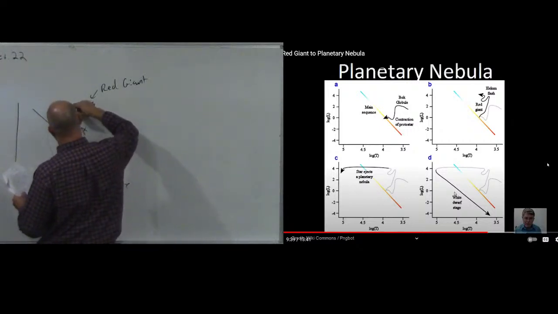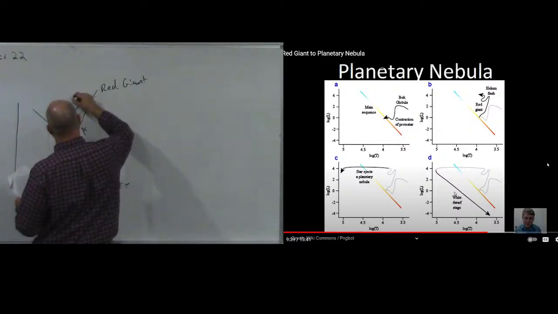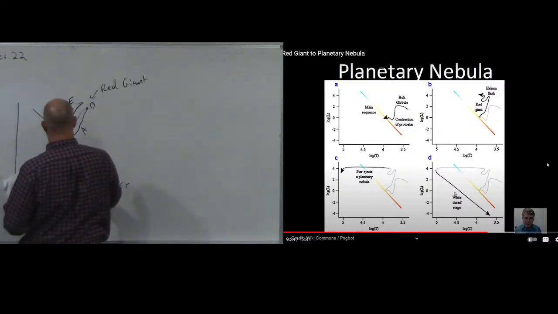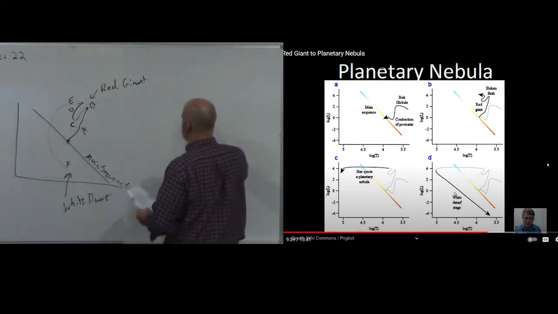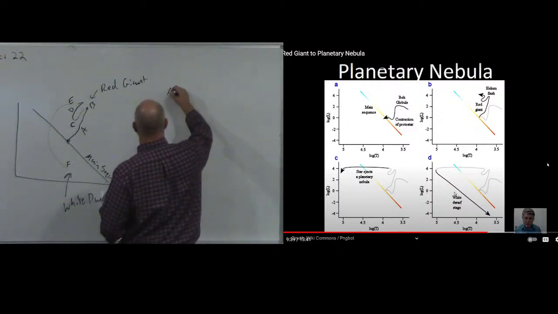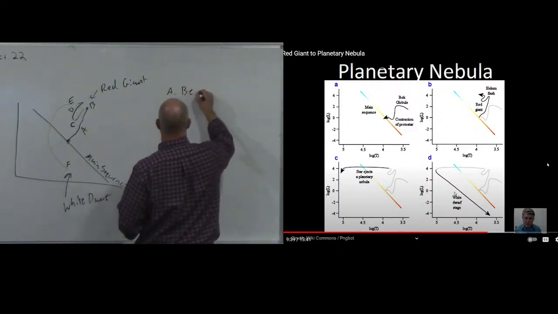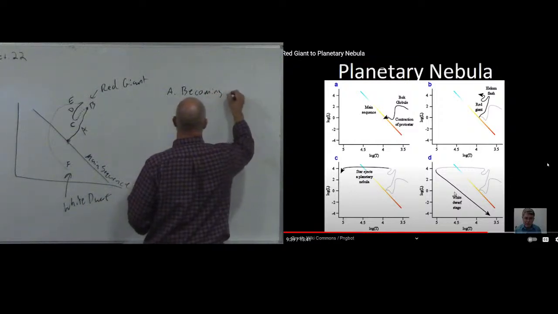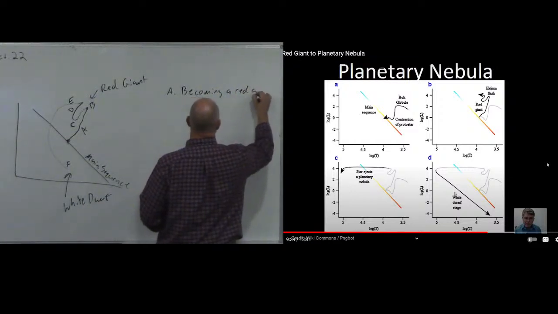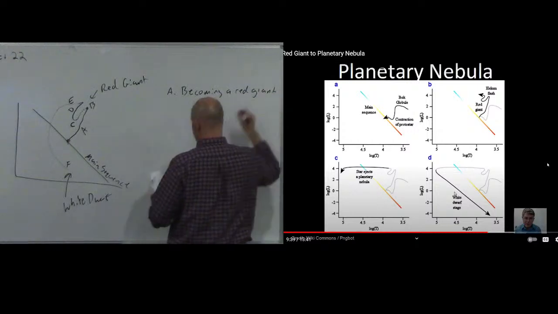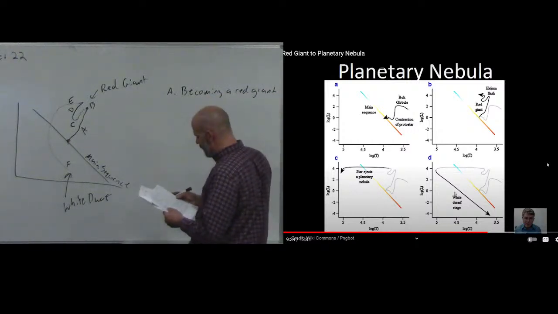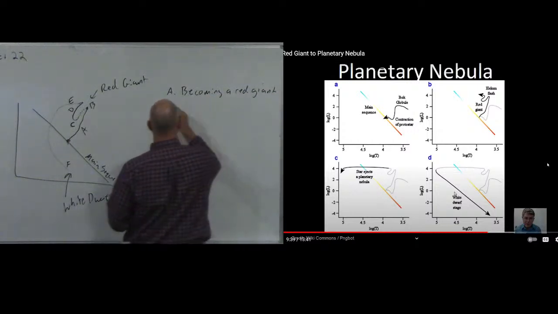This will be D. This will be our E. This will be our F. Okay, I'm going to label these. So A is going to be becoming a red giant. B is going to be what we call our helium flash.